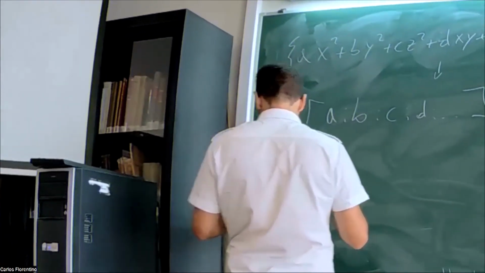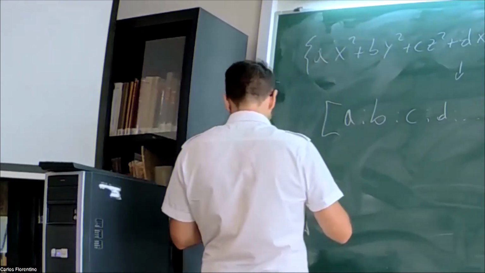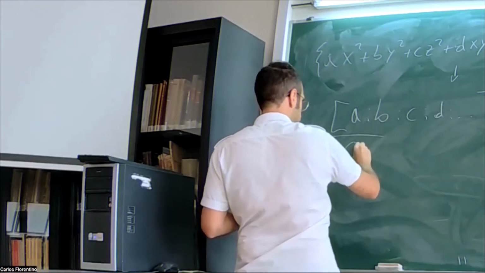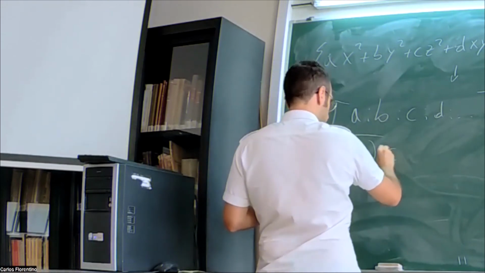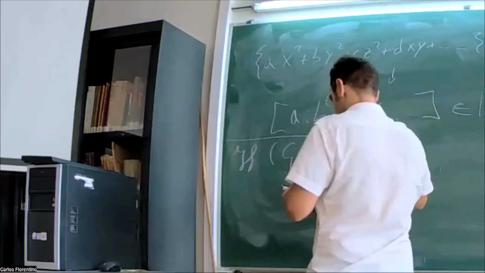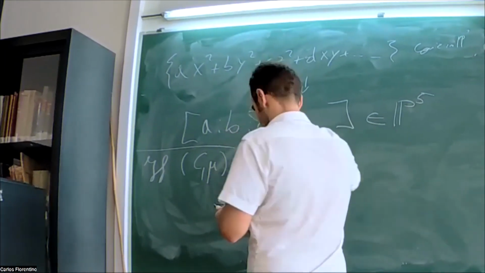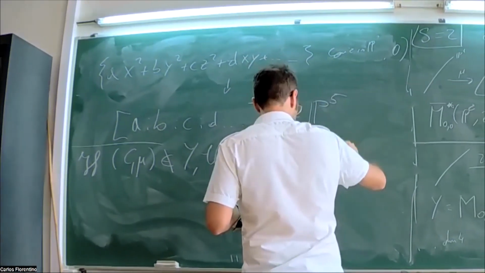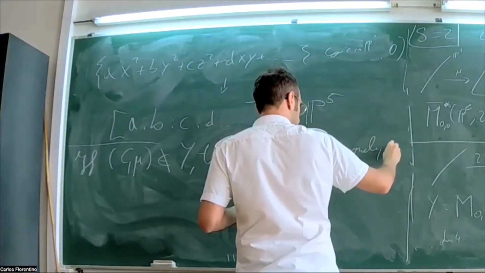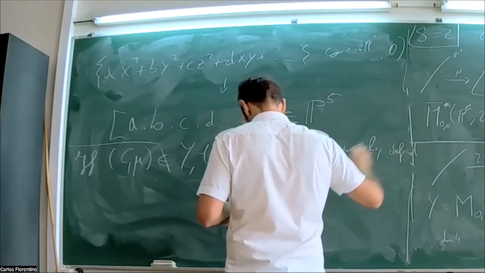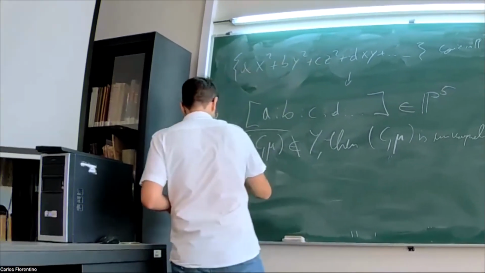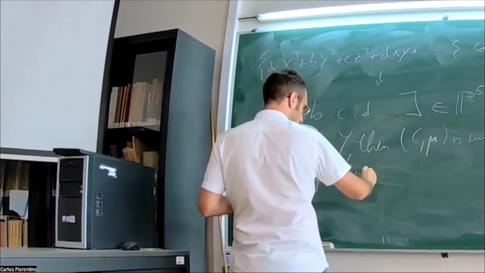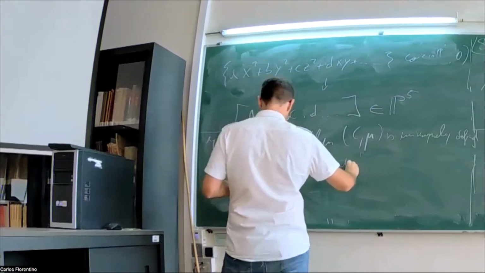Okay, let's write what I mean. If C mu is not in Y, then C mu is univocally defined by its image, modulo automorphism.